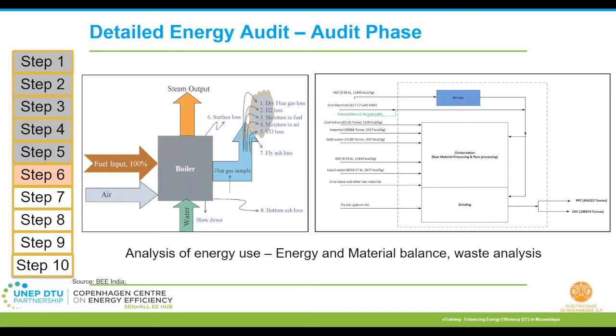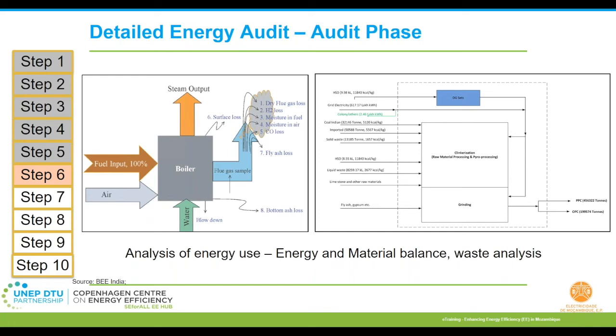For example, in case of a boiler, energy from fuel consumed is utilized to generate steam, and then a portion of that energy is lost with respect to flue gases and surface losses. If you further get into the flue gas analysis, then you will have a better analysis of the different causes for these losses.